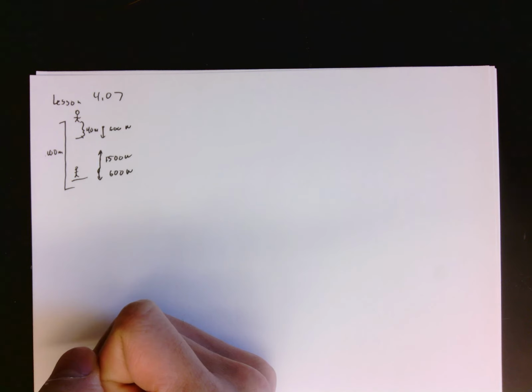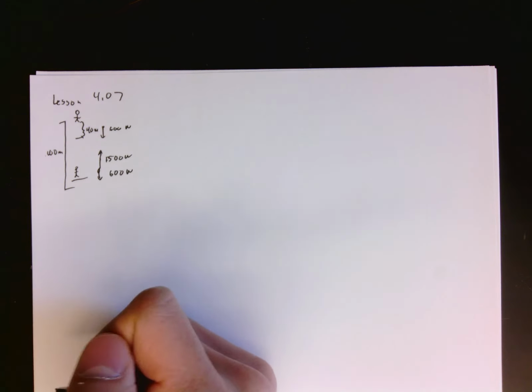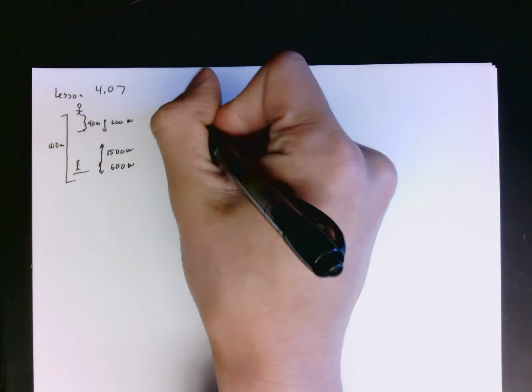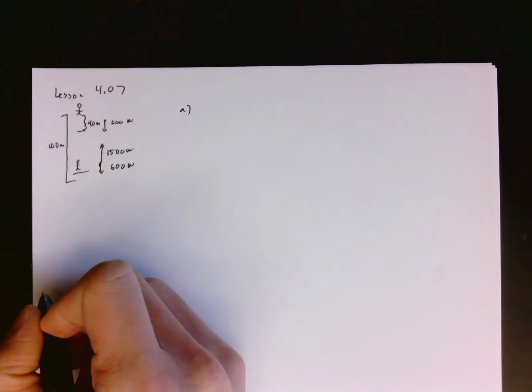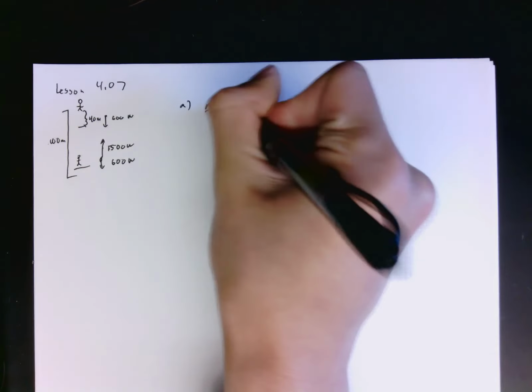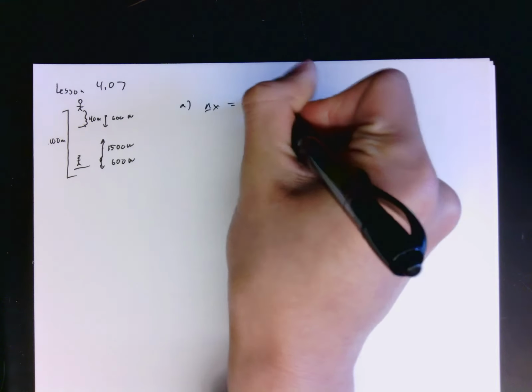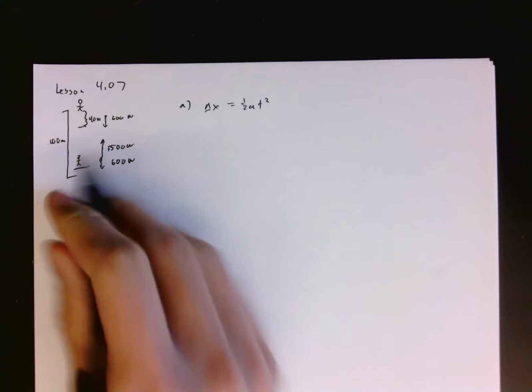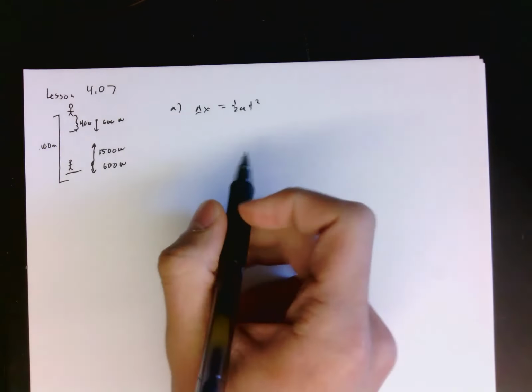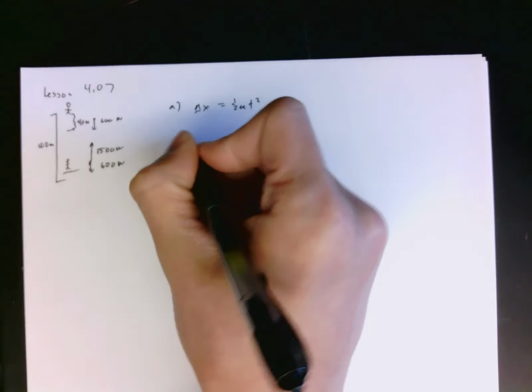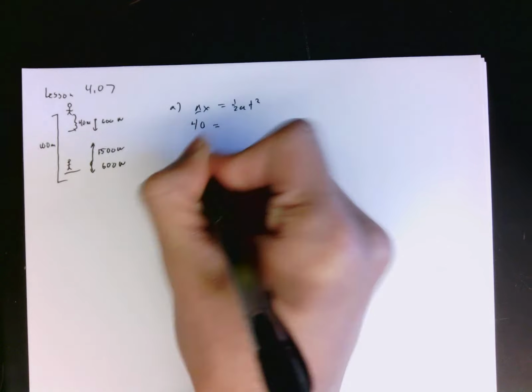So at this point he falls 40 meters from the top, and at that point the bungee cord hasn't affected his acceleration yet. So we can use the equation displacement x equals 1/2 acceleration t squared. And since he has no initial velocity yet, we don't need to worry about the second half. So we know displacement is 40 meters.